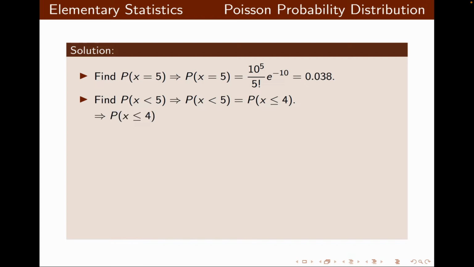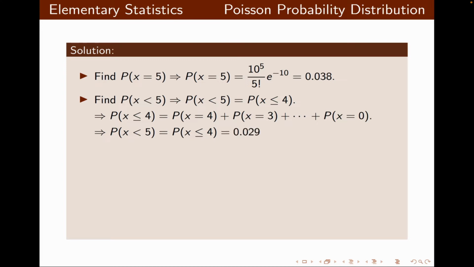Now, probability that x is less than or equal to 4 will be probability that x is 4 plus probability that x is 3 plus all the way to probability that x is equal to 0. So once we do this calculation, the answer would be 0.029.